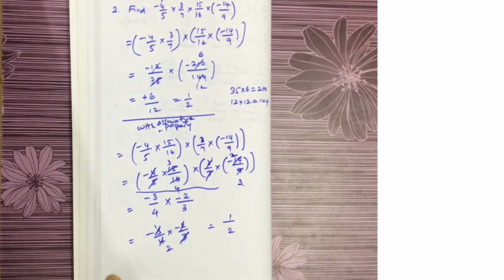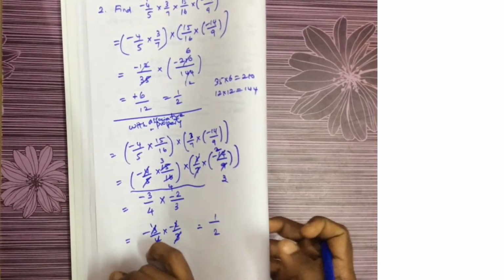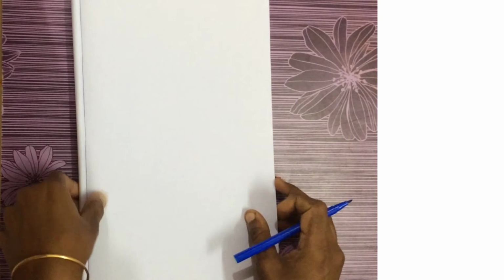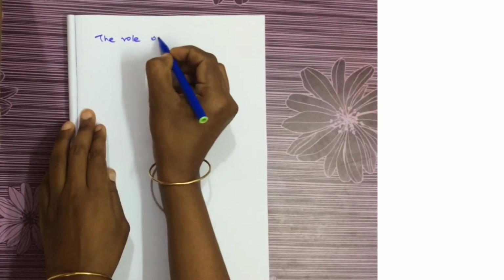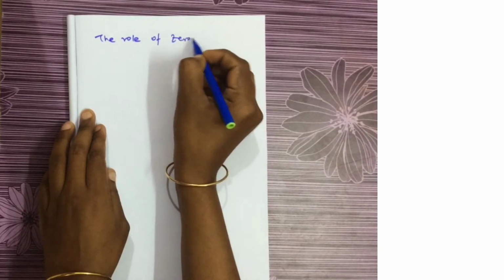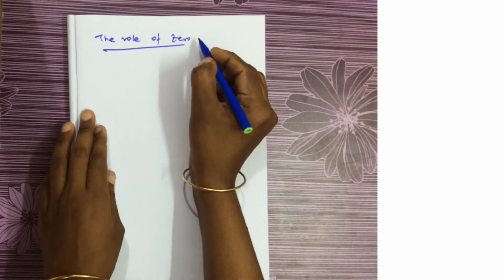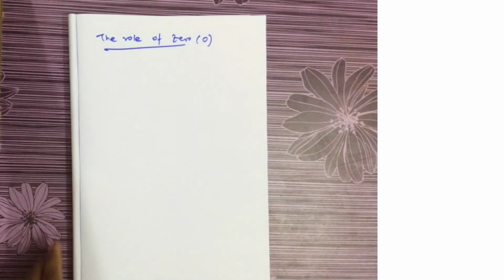The next thing you are going to see is, what is the role of 0? So what is something special about 0? What they mean is, 0 is called the identity for addition of rational numbers.